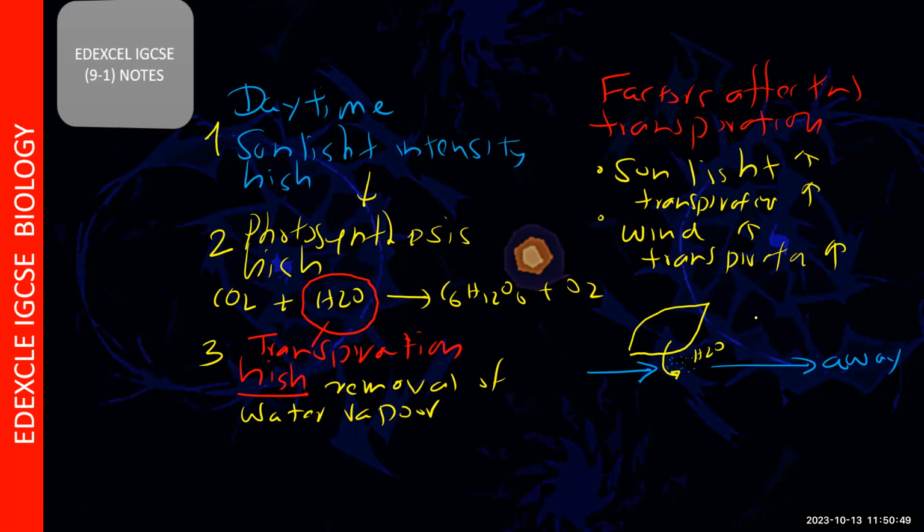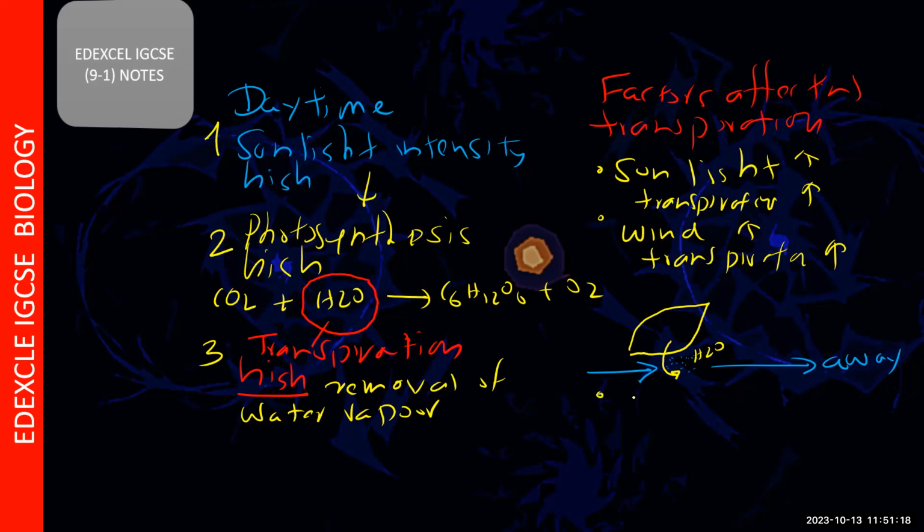It's like a diffusion. Diffusion is from high to low. So if the water vapor is low outside, then diffusion is fast. Evaporation is fast. Inside water vapor is high. Outside water vapor is less because of the wind. It removes water vapor out of this area, and then water can again come out.